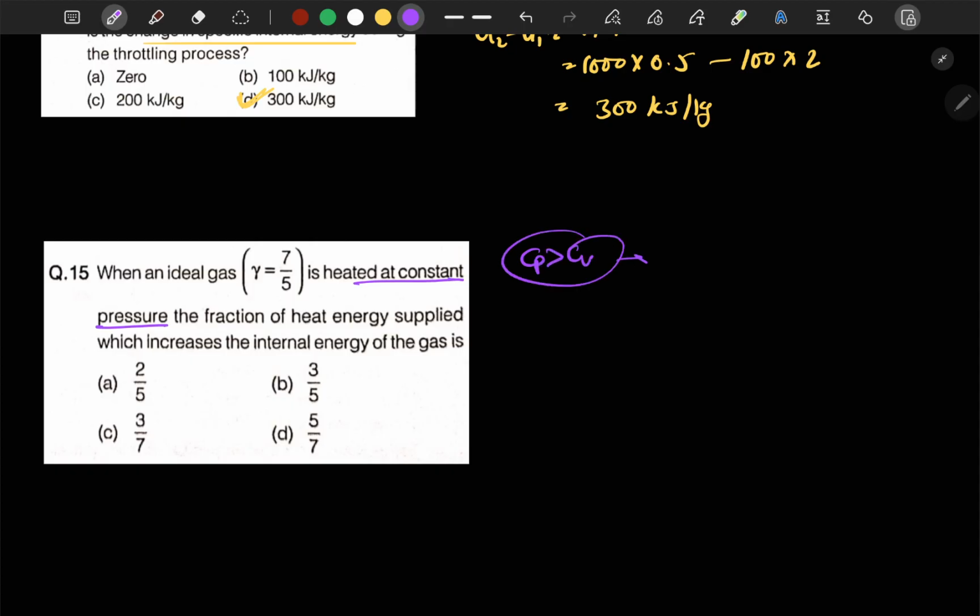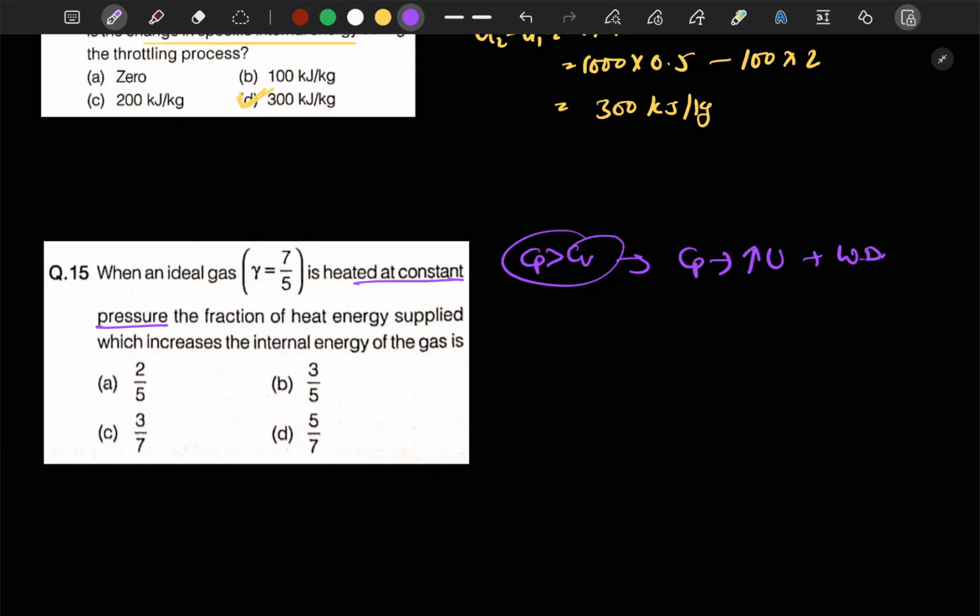And why is that? Because Cp carries both responsibilities: increasing internal energy plus work done. So it is asked what fraction of heat energy supplied increases the internal energy of the gas.